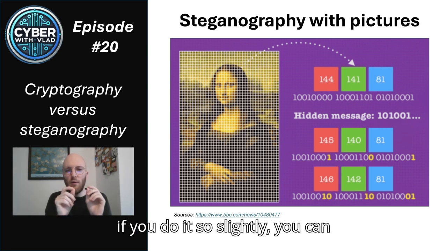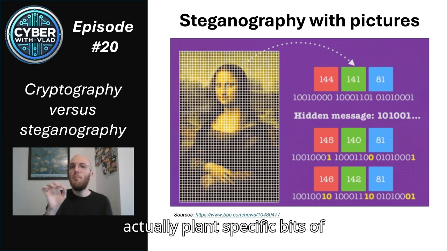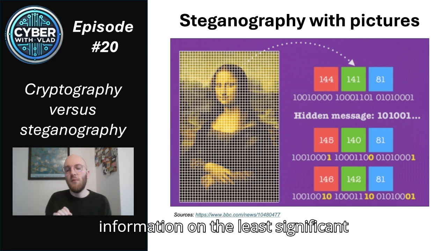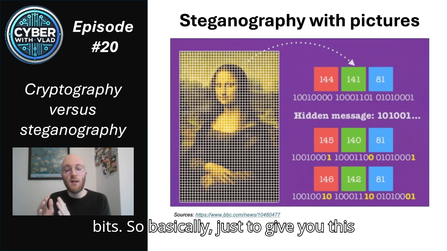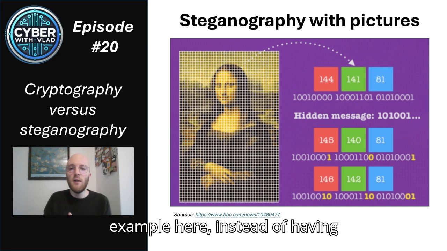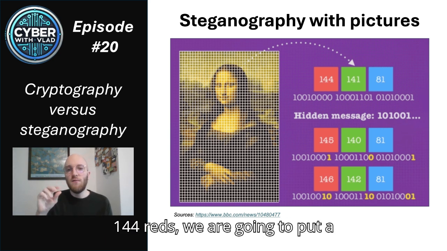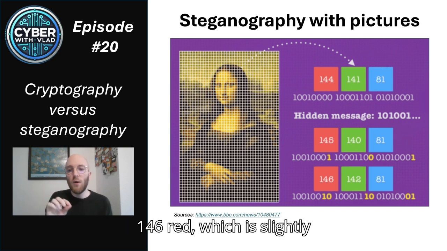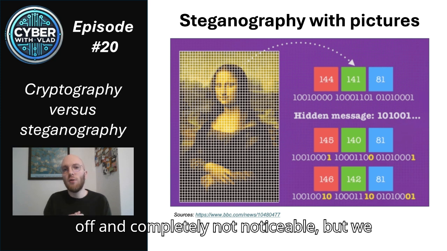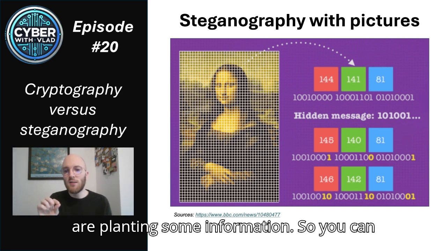But if you do it so slightly, you can actually plant specific bits of information on the least significant bits. So basically, just to give you this example, instead of having 144 red, we are going to put a 146 red, which is slightly off, completely not noticeable, but we are planting some information.